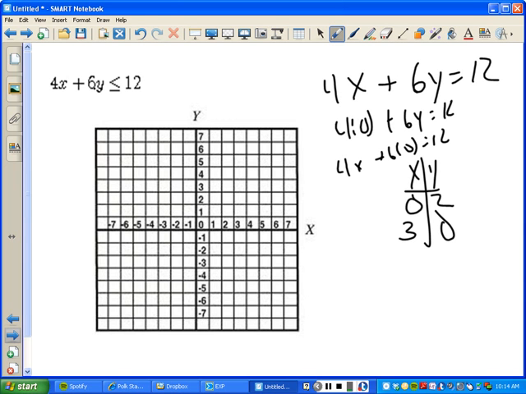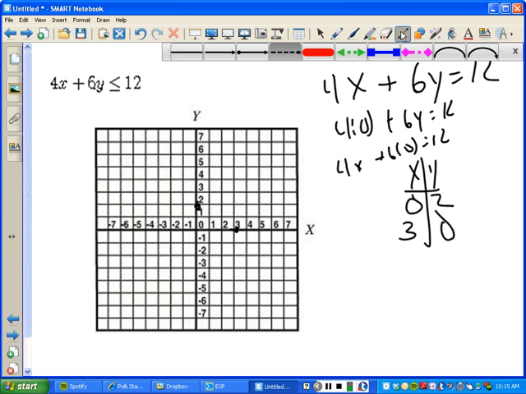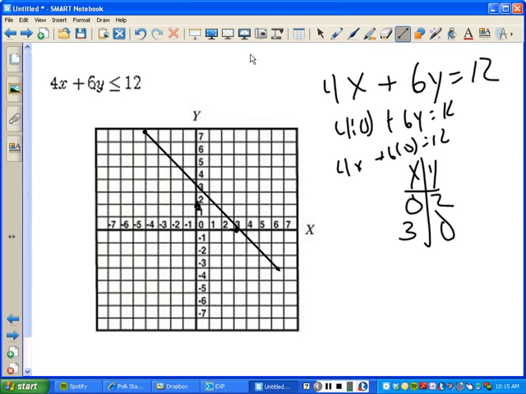You could do the x and y intercepts. At the end of the day, it doesn't really matter. You should get to ultimately a graph that looks something like this. Is this going to be dotted or solid? Perfect.